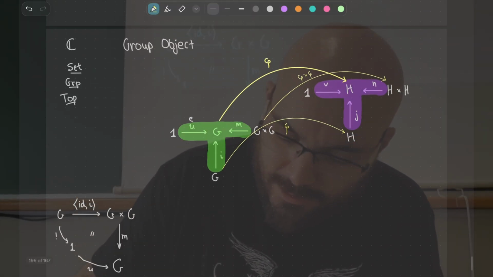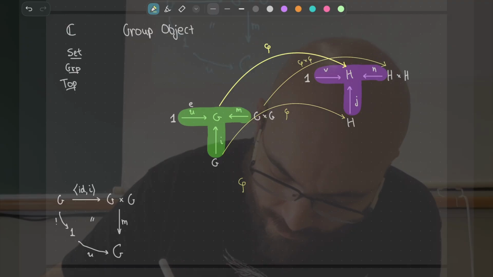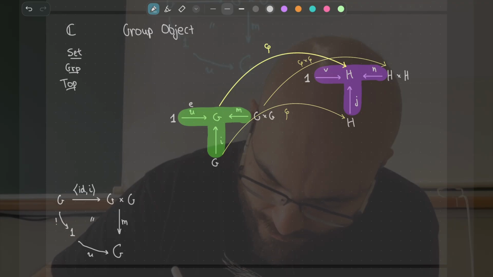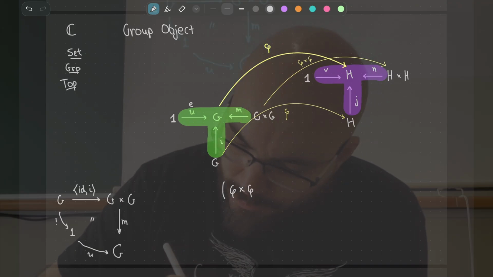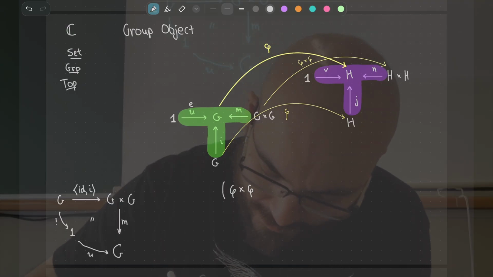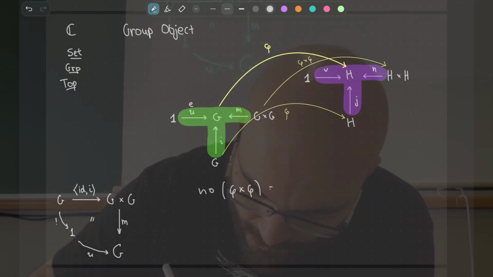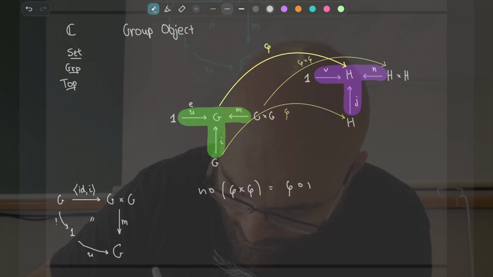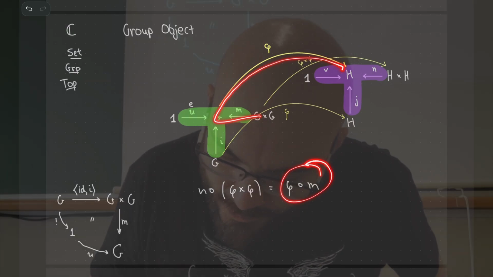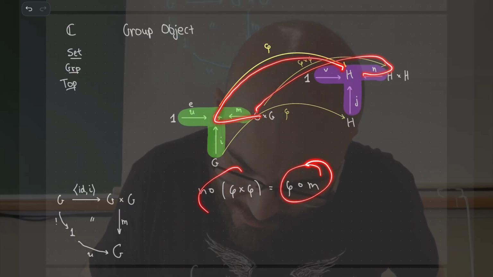So if I translate this, what will I get? Let's say I'm back in Set to see what this means. Let's translate this. I want to do phi cross phi and then multiply in the other thing, so it's like the multiplication of this should be the phi of m. I'm trying to describe the phi of m, which is this, should be the same as the multiplication of this, which is this.